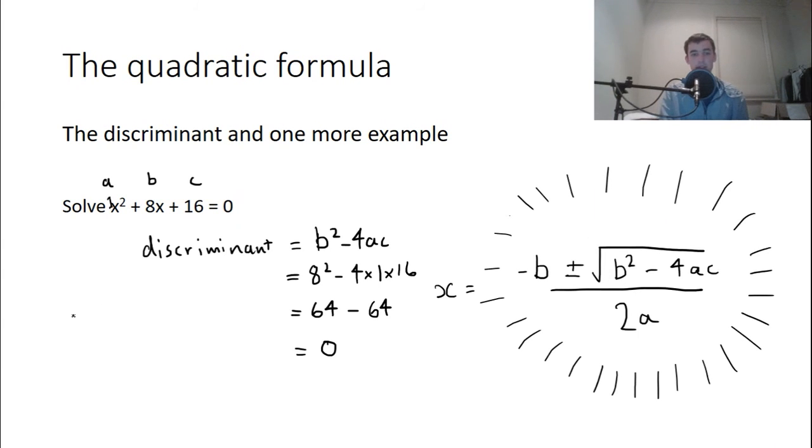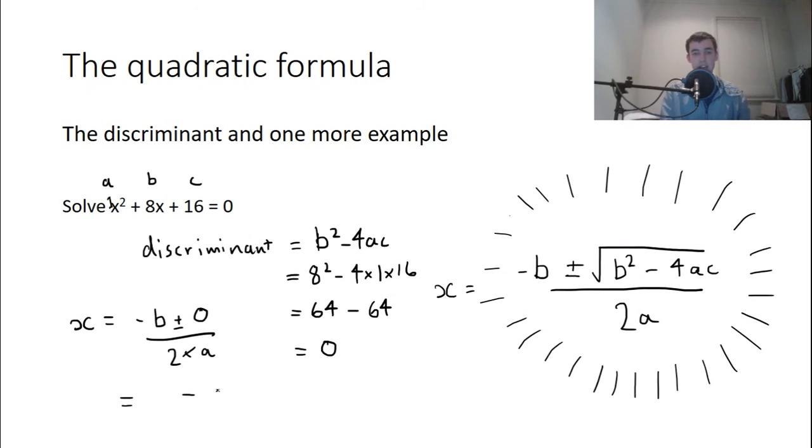So, alright, our x, the solution, is minus b plus or minus 0, because this whole thing inside the square root is 0, divided by 2 times a, which is 2 times 1.